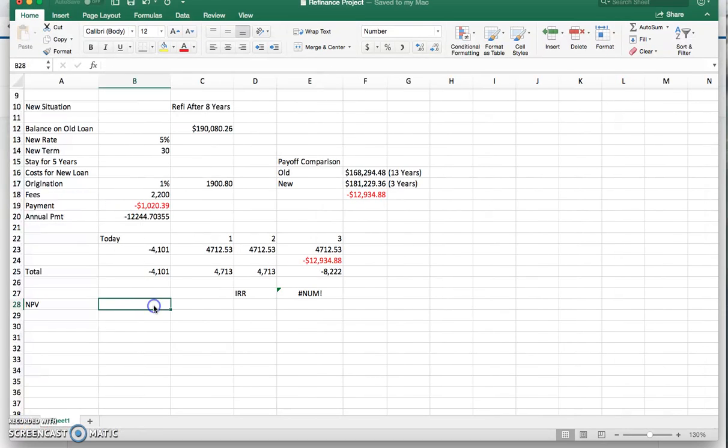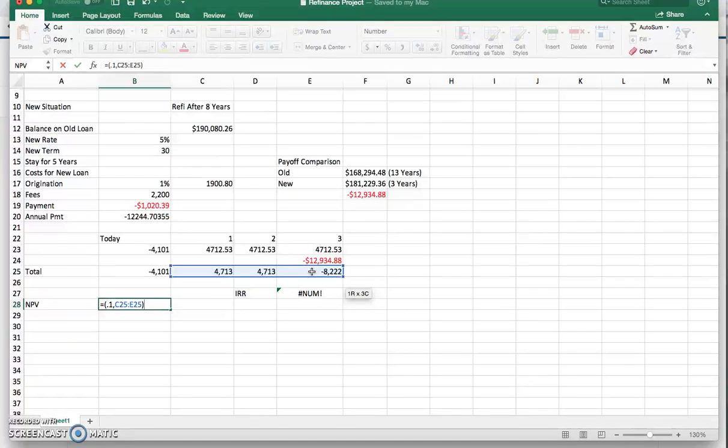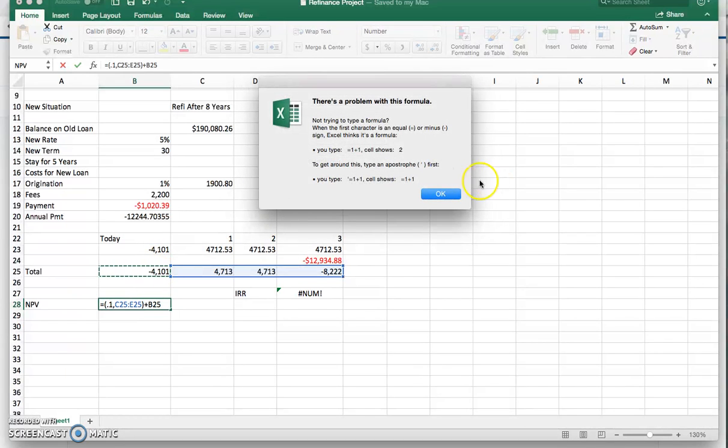For the NPV calculation, you're going to take 0.1, then apply these 3 numbers here, and then subtract this present number here, the negative 4101. Since it's a negative, you're going to add it.